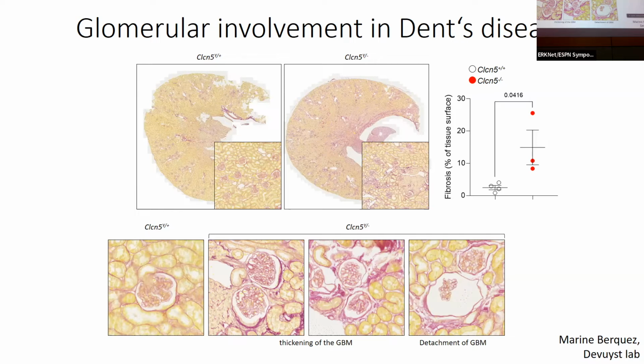This is now data from Marine Berquet again, who is here in the audience. She's looked at the knockout mouse for CLCN5, and she can see indeed that there is fibrotic material around the glomeruli, and this is quantified here.